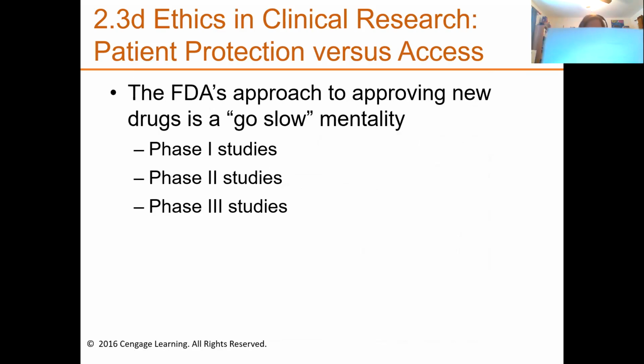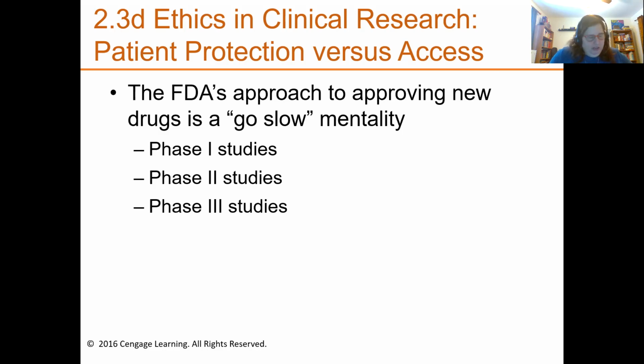Phase 1 is a research study designed to test a new drug or treatment in a small group of people for the first time to evaluate its safety, determine a safe dosage range, and identify potential side effects. Phase 2 is a research study designed to test a drug or treatment in a larger group of people than in phase 1 to see if it's effective and to further evaluate its safety.